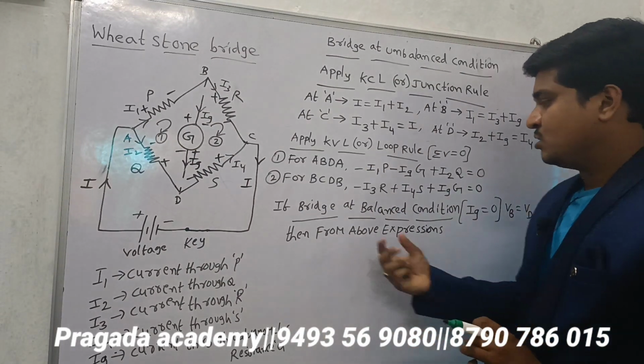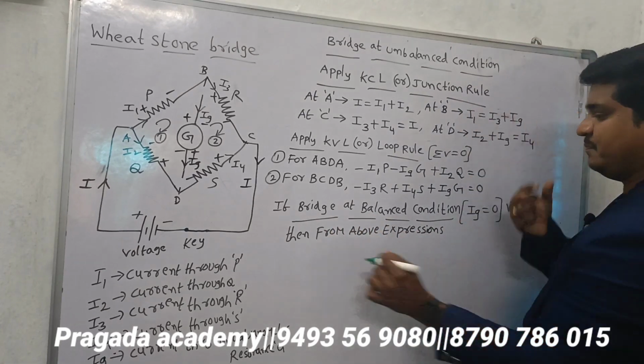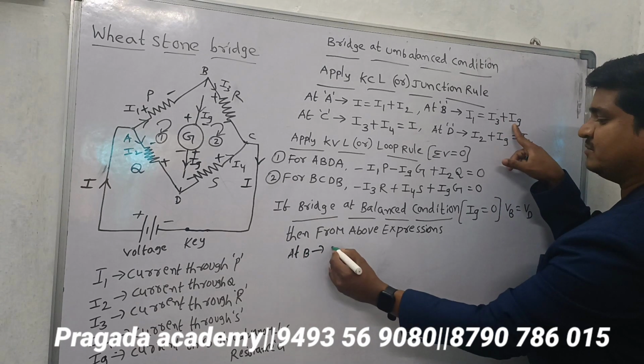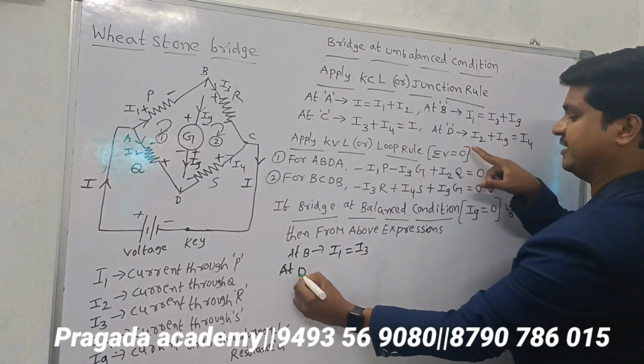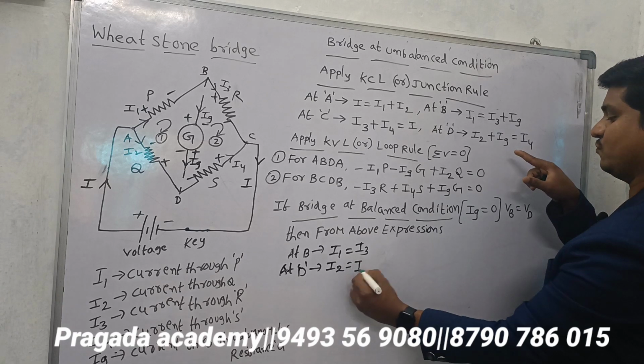So from the above expressions we need to substitute IZ equal to 0. Nothing but at B, if IZ equals 0 then I1 equals I3. And also at D, IZ 0 means I2 equals I4.